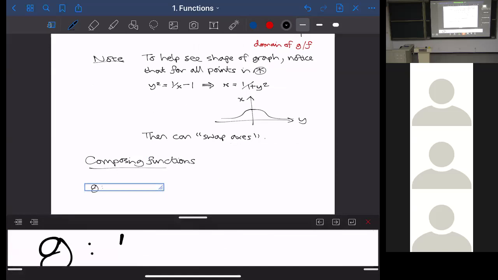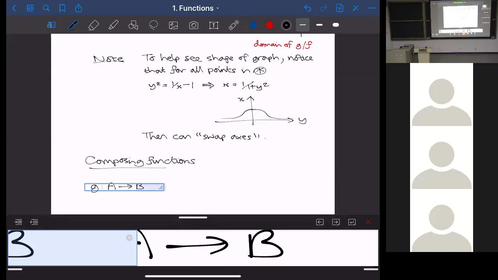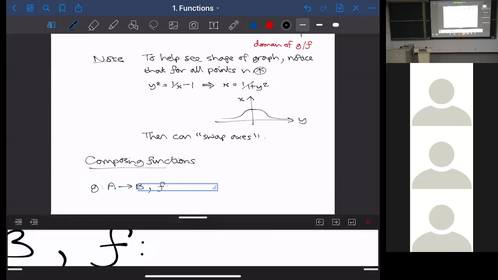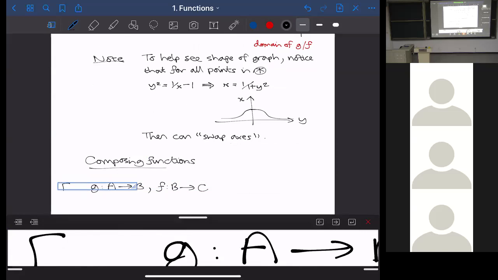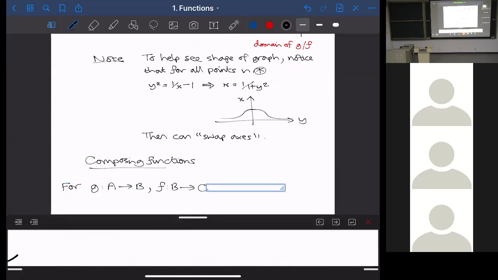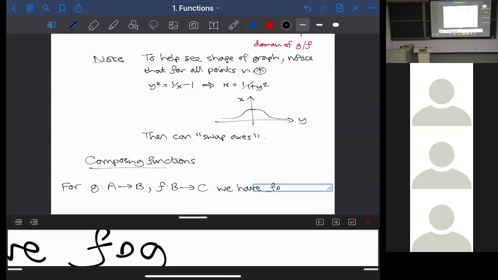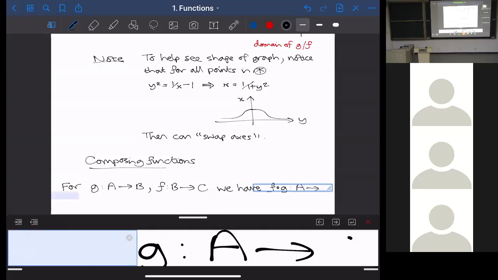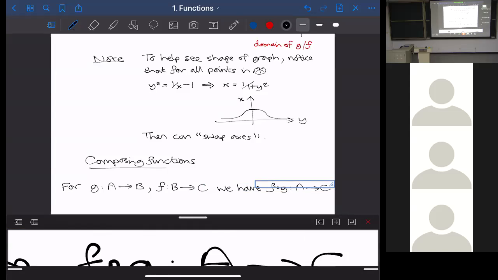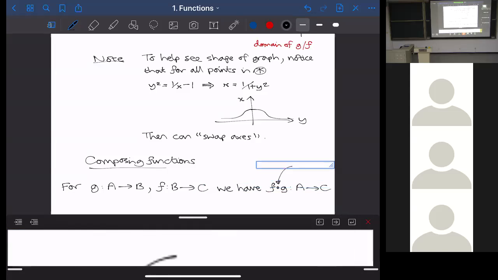Well, if I have a function g from set A to set B, and a function f from set B to set C, we have a function from A to C. This is a small circle, the composed sign.